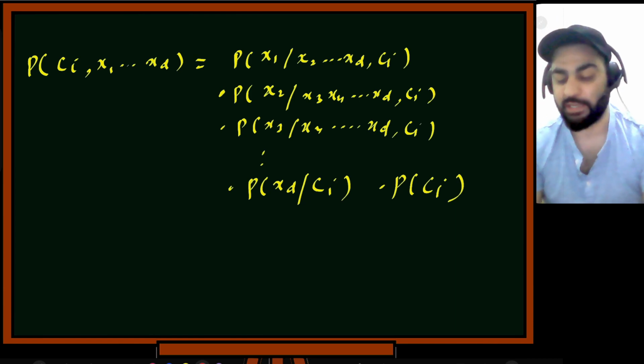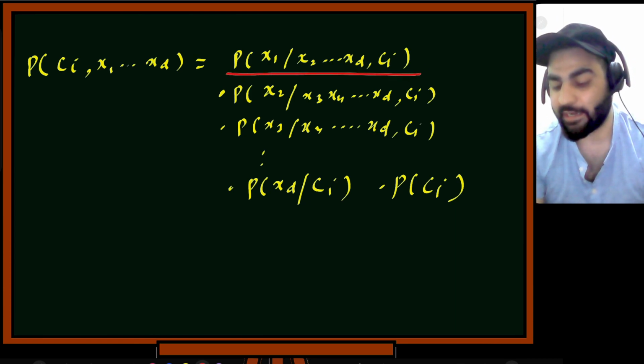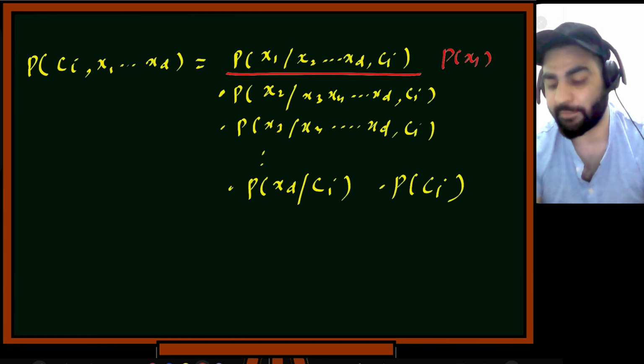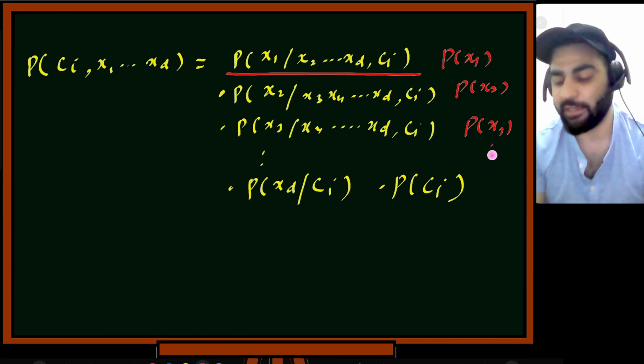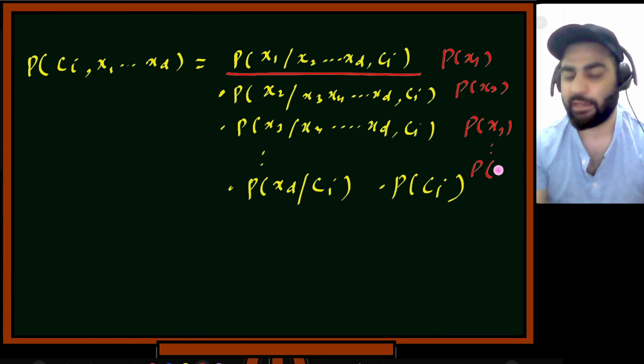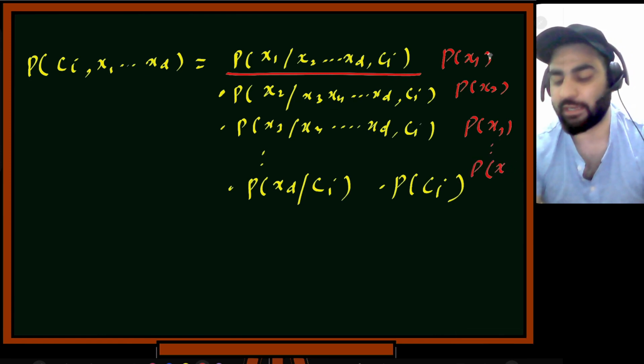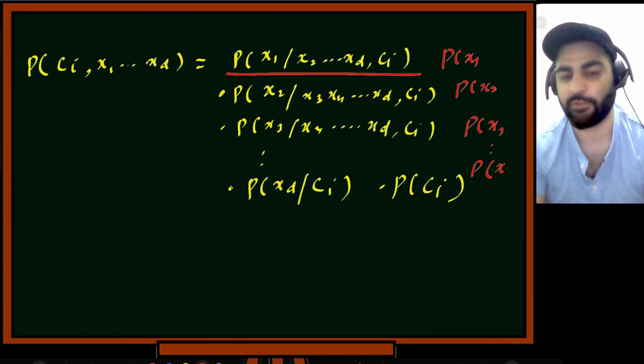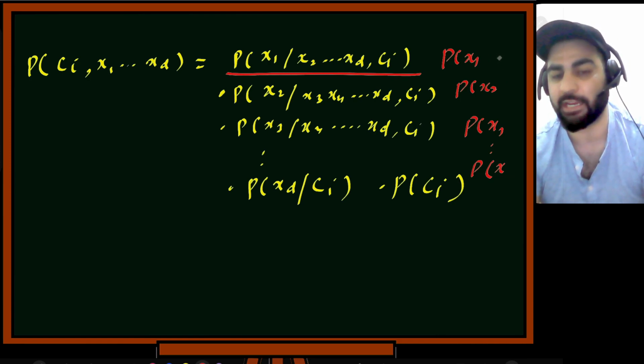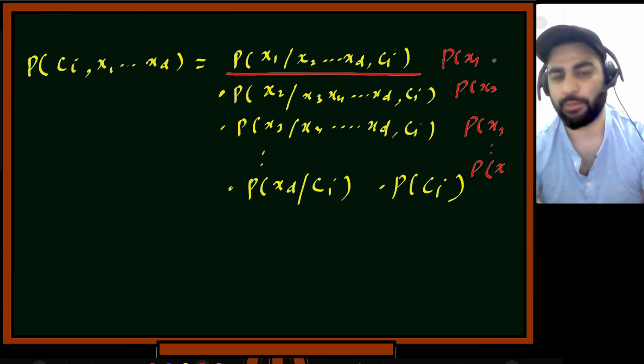This is just probability of x1 multiplied by probability of x2, multiplied by probability of x3, till probability of xd, and we'll have to write each given the class ci.